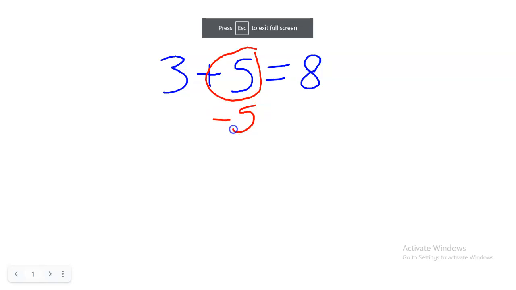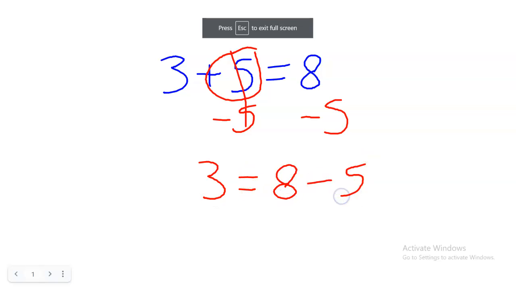So if I want to do that, I subtract 5 from both sides. Those cancel out. So I've got 3 is equal to 8 minus 5. Okay? So 3 is always going to be the same thing as 8 minus 5. So when I do something to one side, I do it to the other, it's still true.